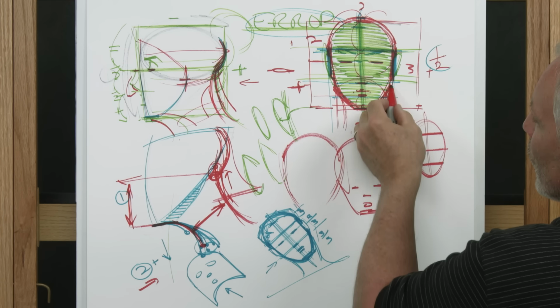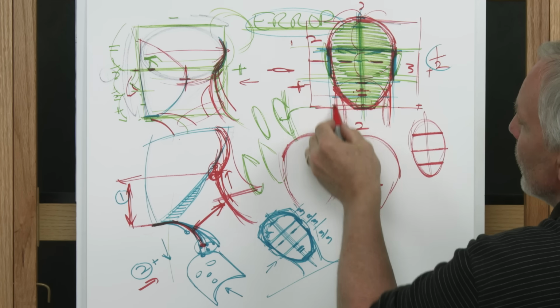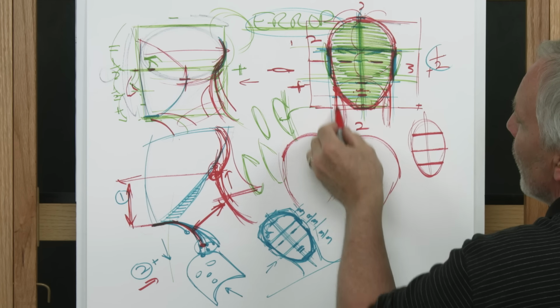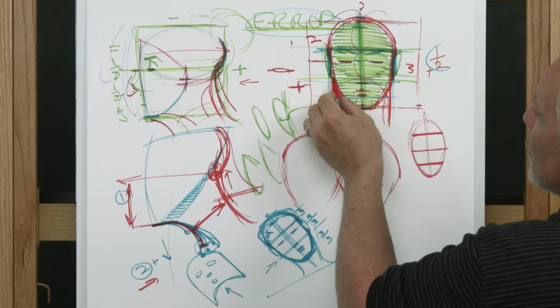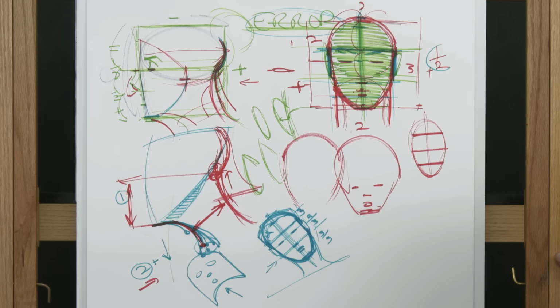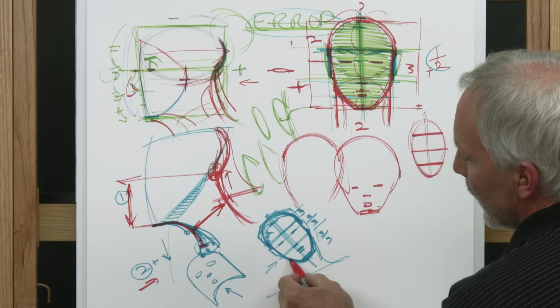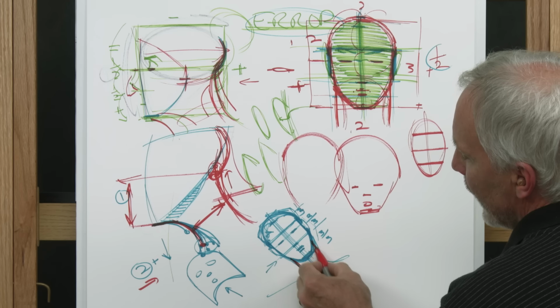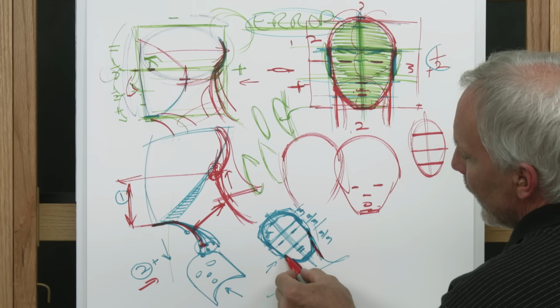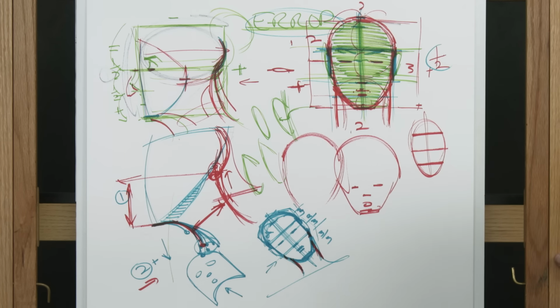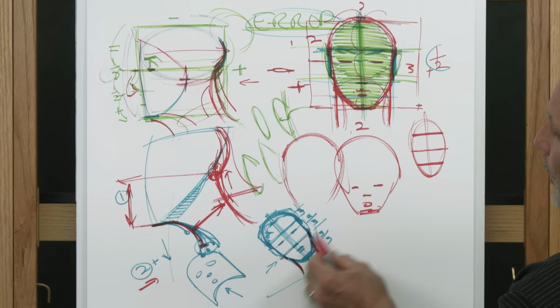But if you want to do a heroic male, as Loomis did, as I mentioned before, you'll make the neck almost as wide or as wide, just depending, as the jawline on the male. If you want it to be more feminine or younger, you'll make the neck a little more narrow than the fattest part of the jawline, somewhere around that nose line, basically.